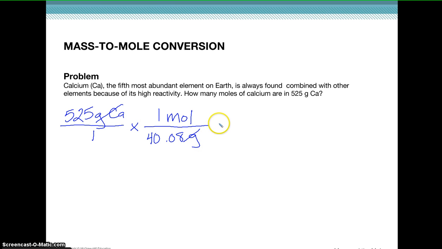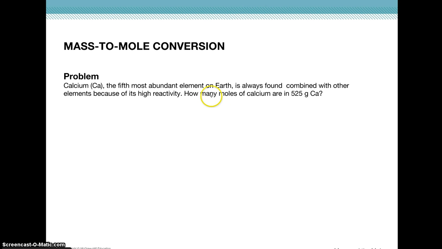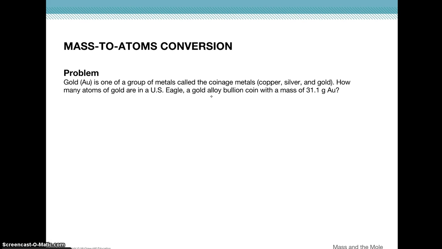Our grams cancel, we divide by the molar mass, we keep 3 sig figs, and that gives us 13.1 moles of calcium. You can use it to go from grams to moles or from moles to grams. Either one works.